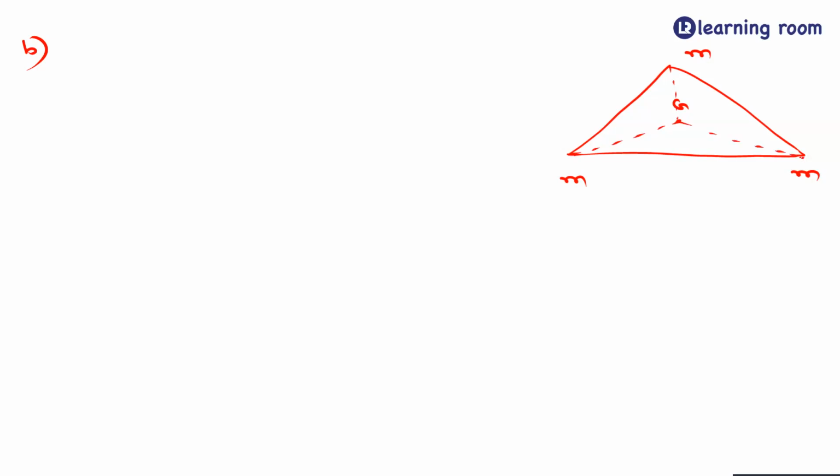See, if I take this point to be G, what is the distance from the vertex to the centroid? This we have calculated when we did problems based on Newton's law of gravitation. Right. So tell me, what is the distance from the vertex to the centroid?